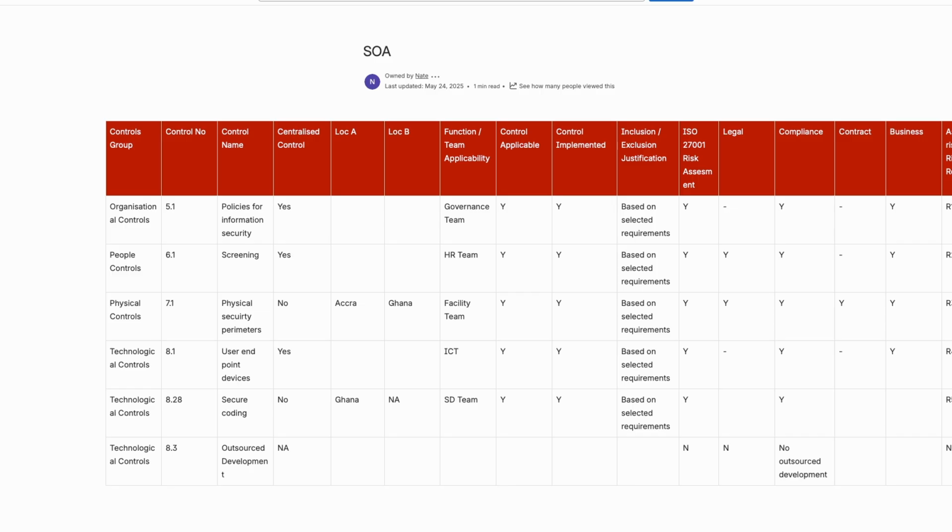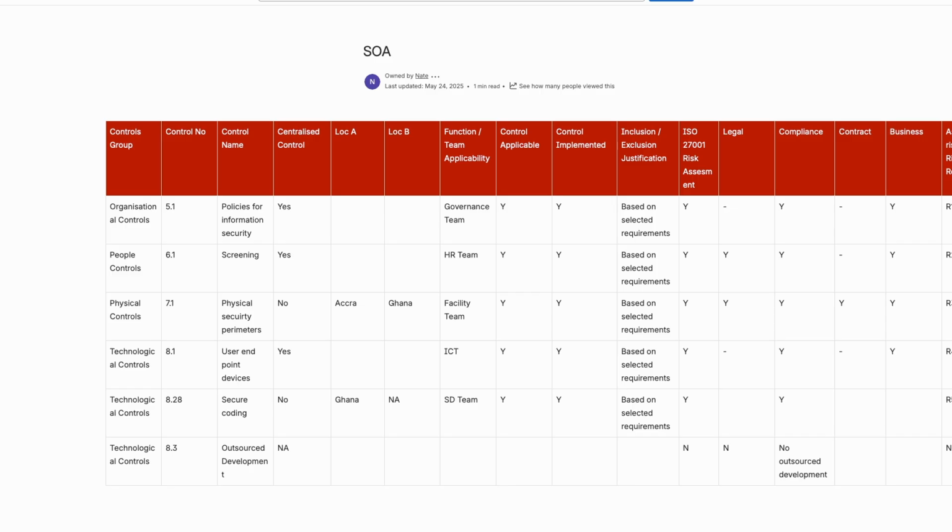So here you could see I have my location A, location B. If these locations are part of your scope statement, that is the reason why I put these locations in here. Location A is maybe my headquarters. Location B would be maybe my data centers. So you could see here, for location A, I have Accra. Location B, I have Ghana. Or for location A, you can have Nigeria. Location B, you can have Netherlands, where you have your data center stored.